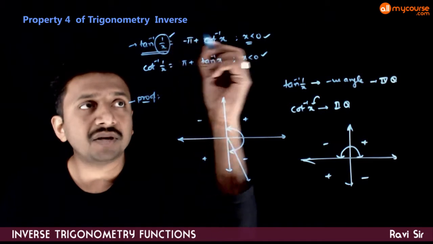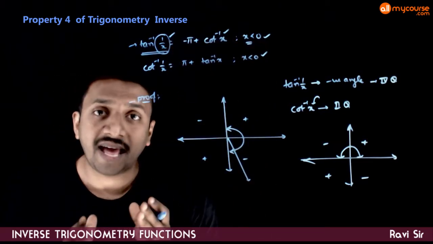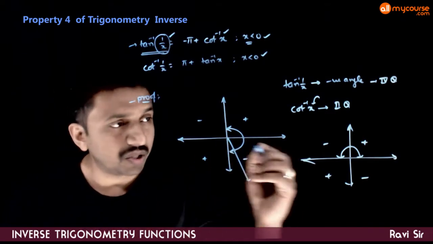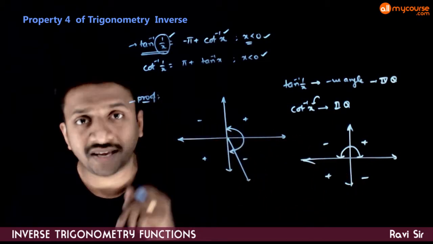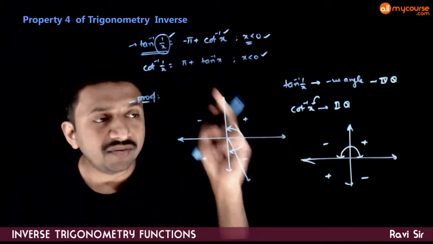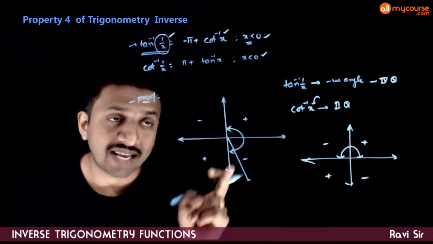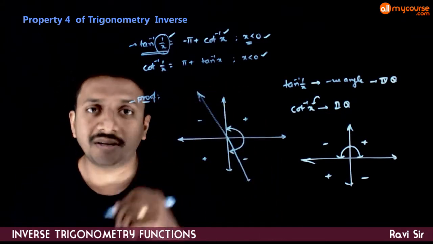But tan inverse of 1 by x and cot inverse of x have to be allied angles. So if you draw both the diagrams on the same diagram, tan inverse of 1 by x is an angle here. Cot inverse of x is an allied angle to this angle in the second quadrant.